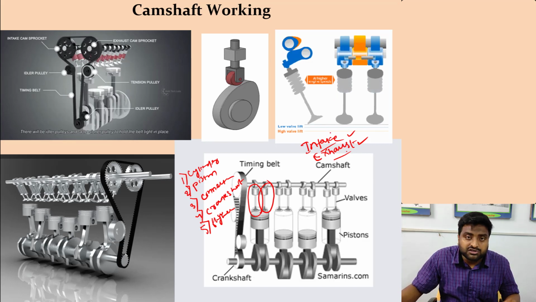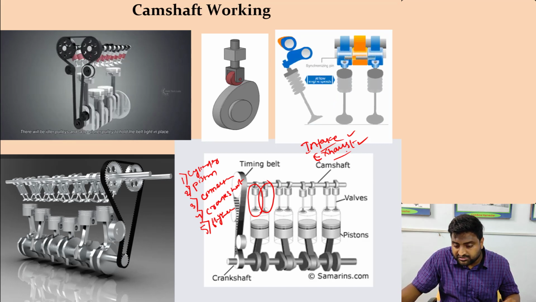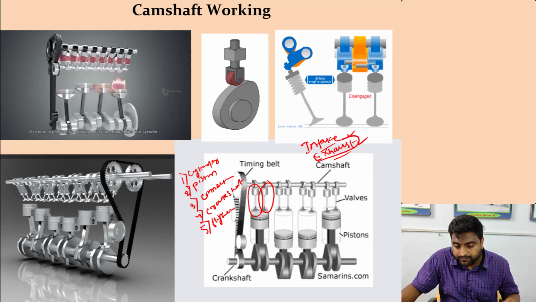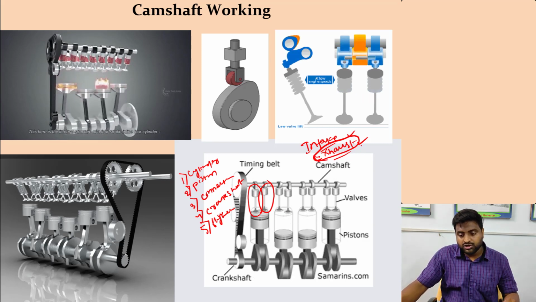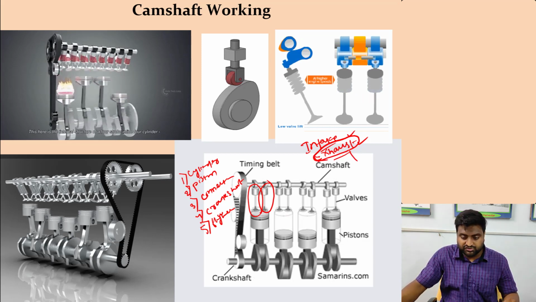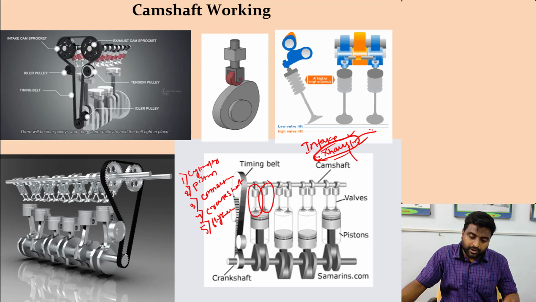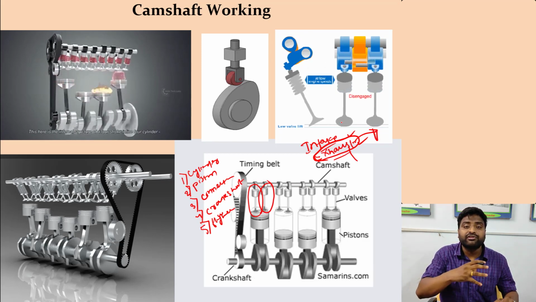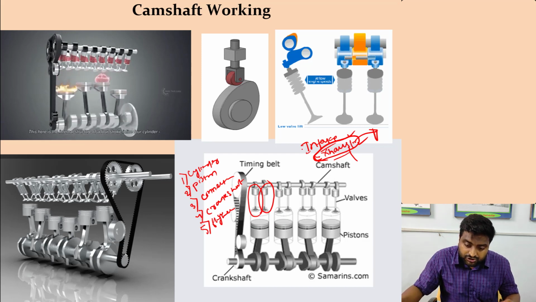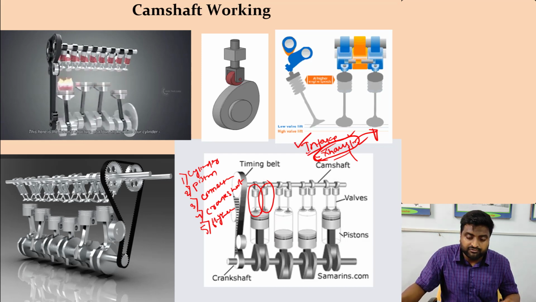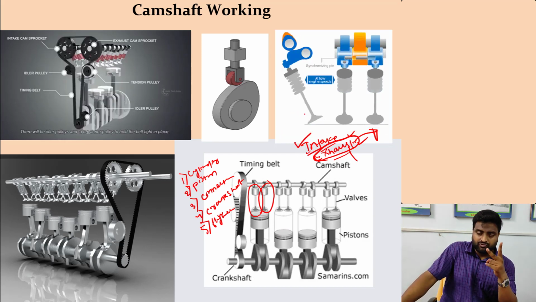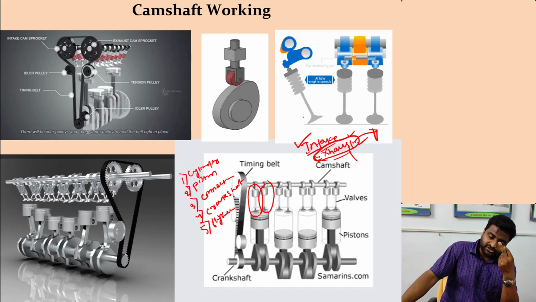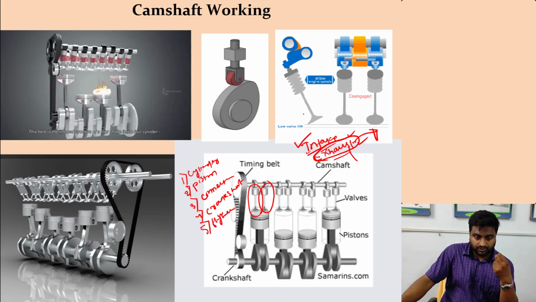Okay. So how do these waste gases come out? They come out of the exhaust valve. Through this exhaust valve, the burnt gases come outside. And how is the fresh air taken inside? With the help of the intake valve. Okay. So two valves are there, one is the intake valve, one is the exhaust valve.